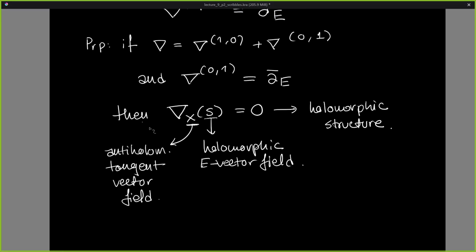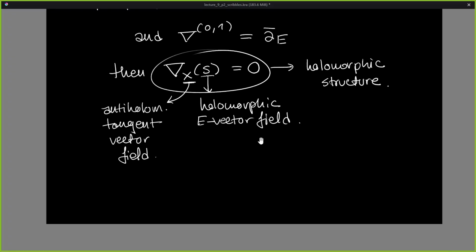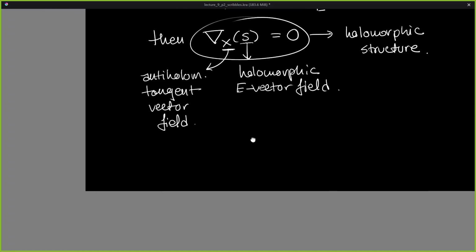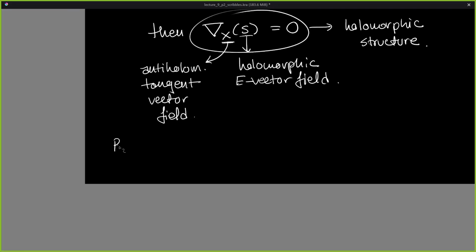You can see how this kind of looks like the Cauchy-Riemann equations as well, right? So this is what will tell us that our holomorphic structure on the vector bundle is being satisfied. So let's start. Proof.